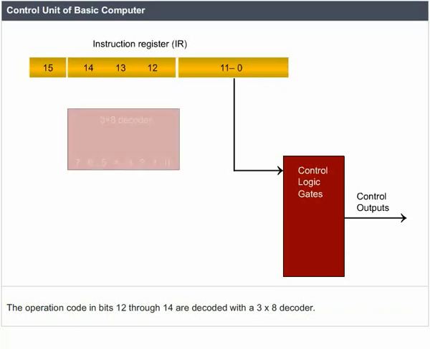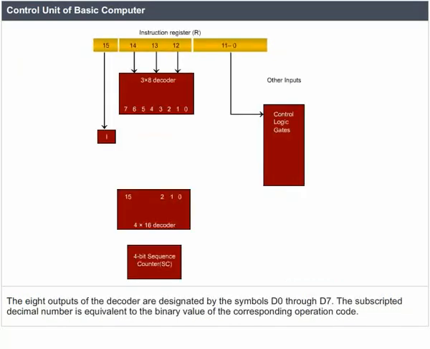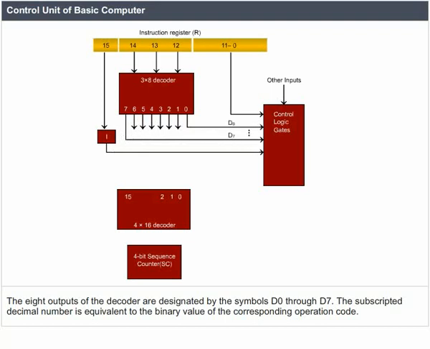The operation code in bits 12 through 14 is decoded with a 3x8 decoder. The 8 outputs of the decoder are designated by the symbols D0 through D7. The subscripted decimal number is equivalent to the binary value of the corresponding operation code.